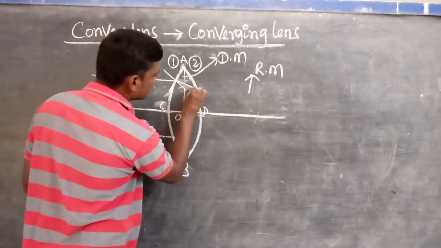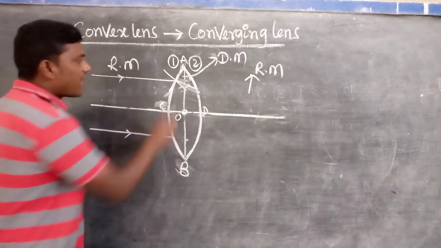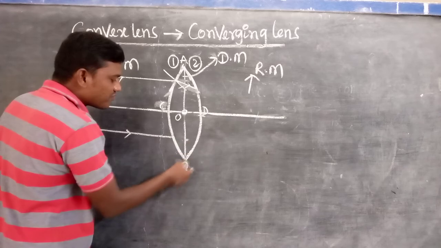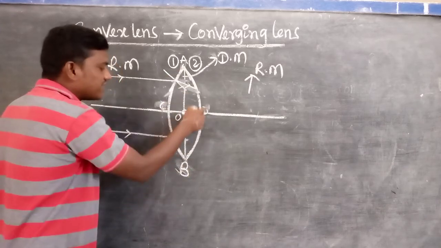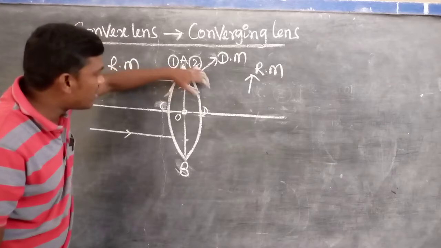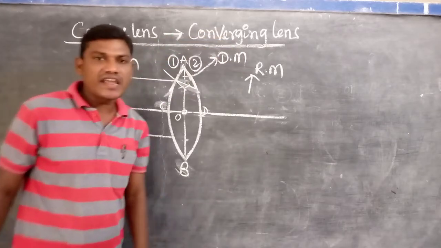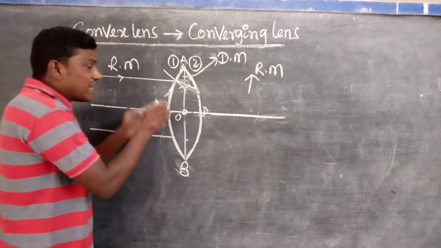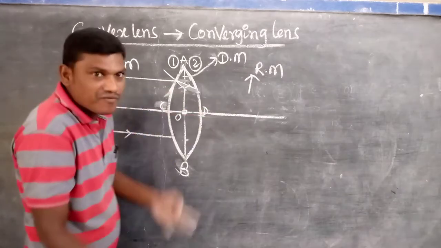Next, the light travels inside the lens and falls onto the second refracting surface of the lens, that is ADB. For ADB, the light travels from denser to rarer. If light travels from denser to rarer, it deviates from its path and moves away from the normal.